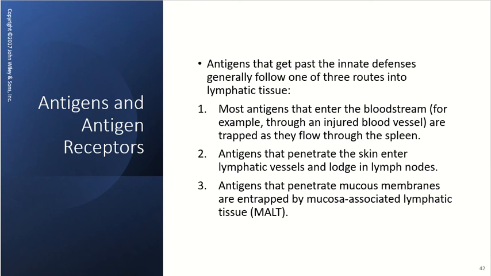Antigens could also penetrate the skin and enter the lymphatic vessels and lodge in the lymph nodes. And antigens that penetrate the mucous membranes are going to be entrapped by the mucosa-associated lymphatic tissue, that MALT. So those are our three main routes for an invading antigen to make it into the lymphatic system.